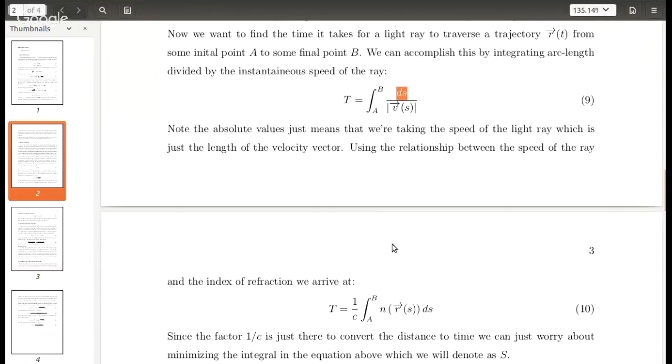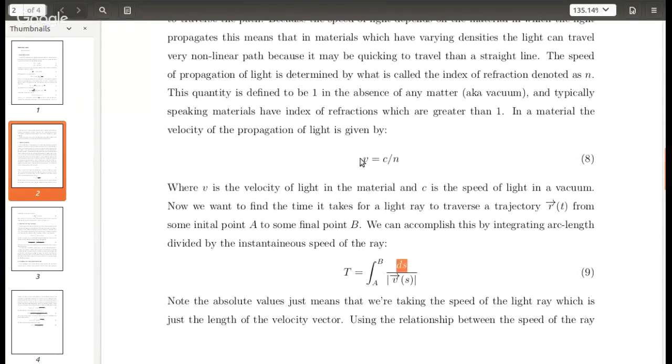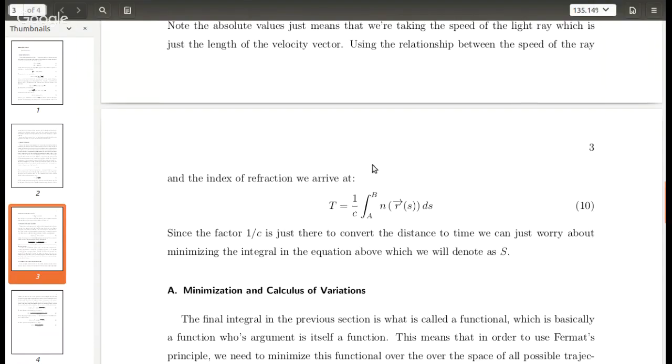Thank you very much. So I take this equation for the velocity. It applies at any given point in space. This is a fixed thing, but this n, the index of refraction, will change as a function of coordinate. So now I'm calling r the position of my light, my photon, if you wish, and this gives me the time.